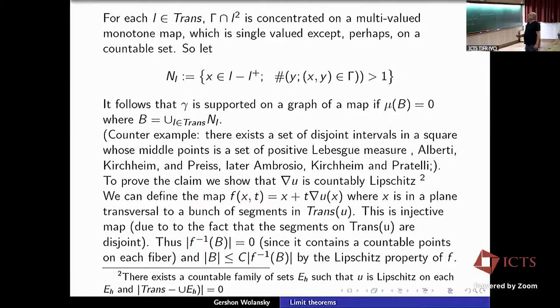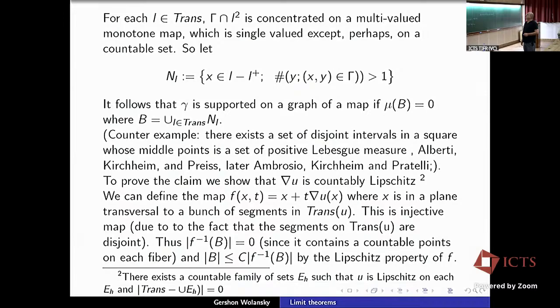Call this set B. The set B is the union of all transport lines which carry more than one jump point, including, and of course we have to prove that all the endpoints of these curves also form a set of measure 0. This is also done later by Ambrosio. Okay, so this is the bad set B.